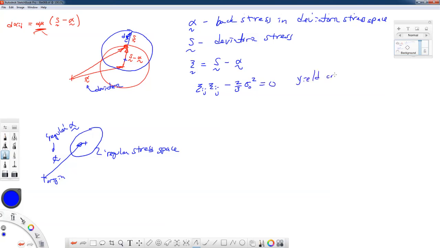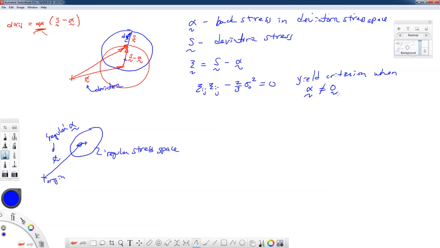This is my yield criterion now, when my back stress is not equal to 0. And that's perfectly fine.